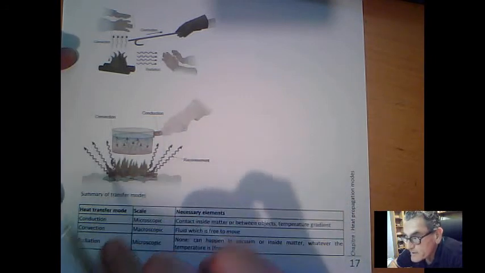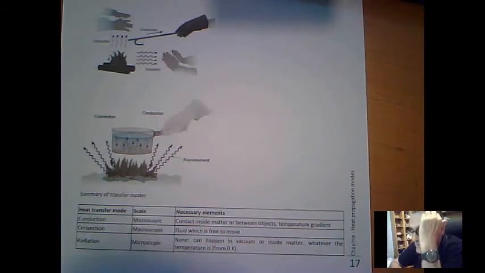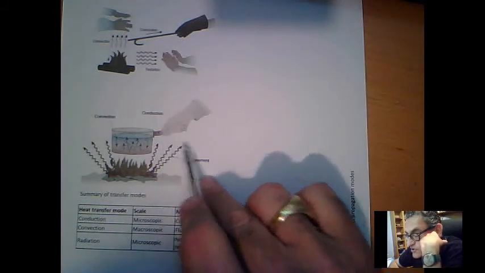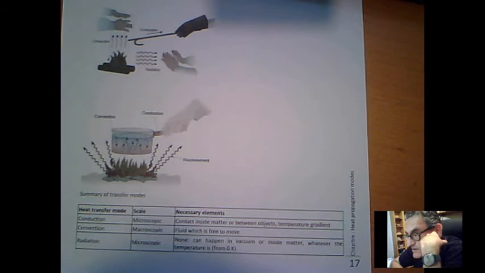This is why the handle of the pan should never be a good heat conductor. This is why the handle of a pan is often made out of plastic or of wood, because wood is a very good heat insulator. And you have this radiation coming out from the fire and heating whatever is next to it.